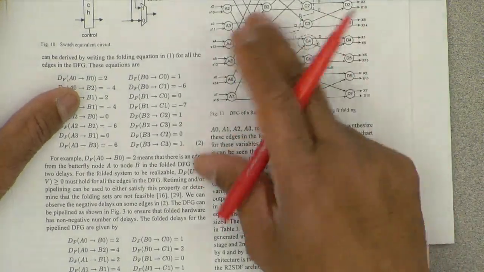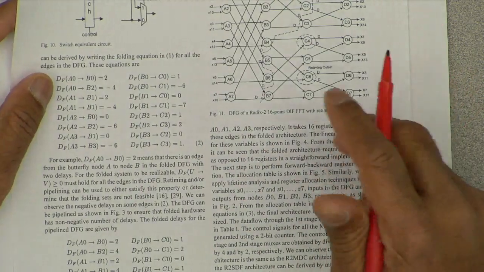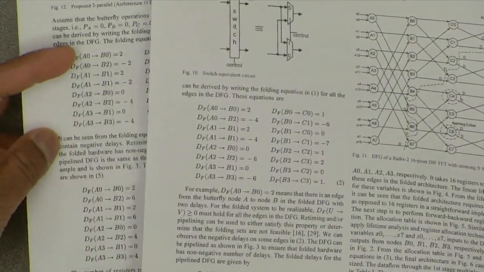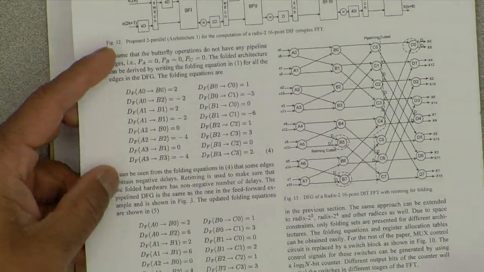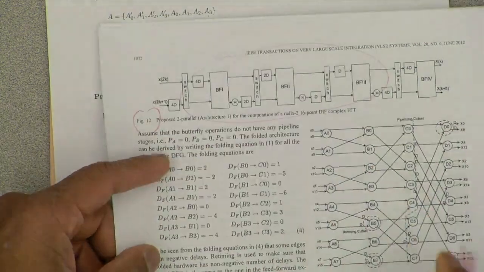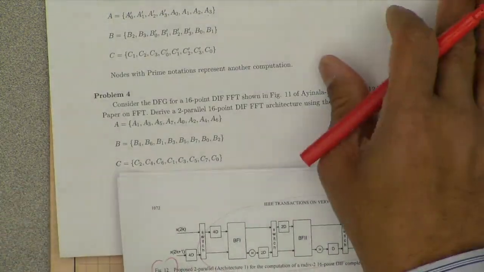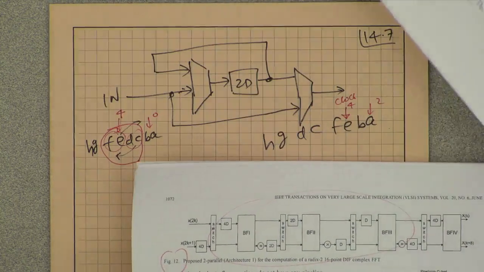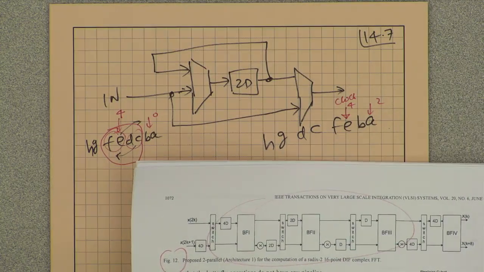So that's the data path of the DIF. What I have asked you to do here, anyway, I have changed this folding a little bit, don't worry about that. You are supposed to derive the circuit in figure 12. The solution is given here, and you derive that. So that's problem 4.